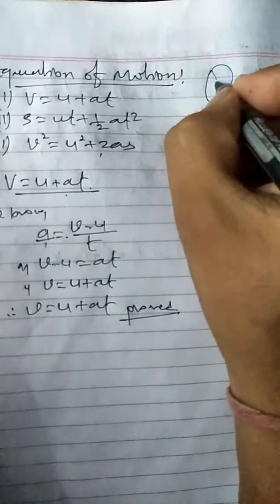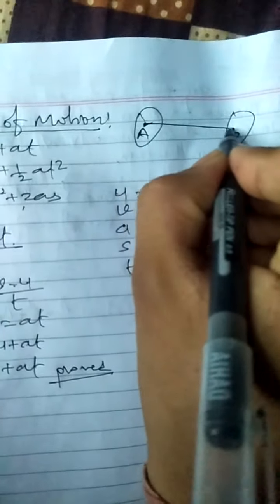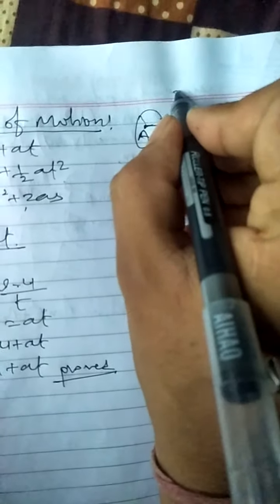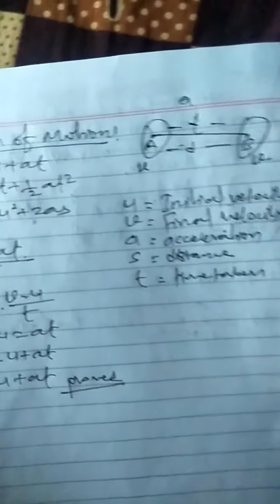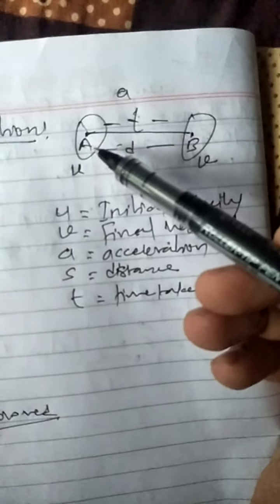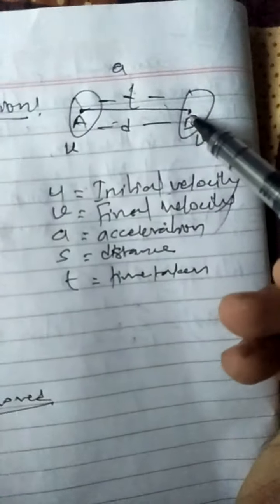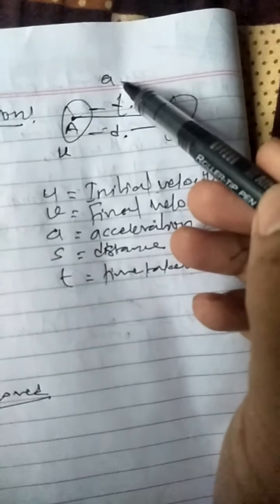You can understand this in the following diagram also. Let us consider a body at the initial point A that reaches the position B at a time t, covering a distance s with the acceleration a.